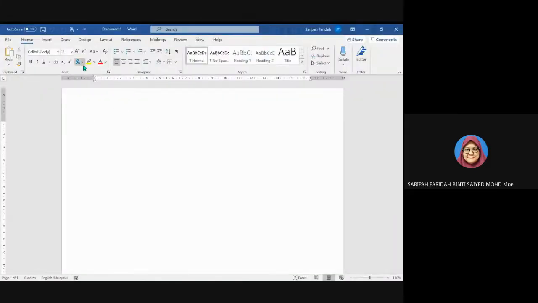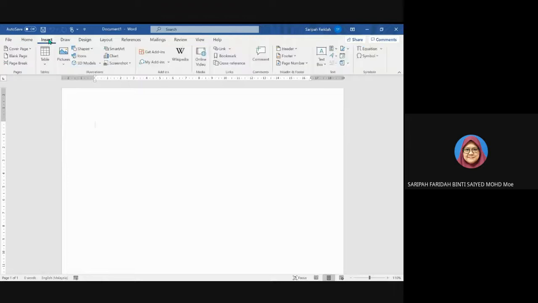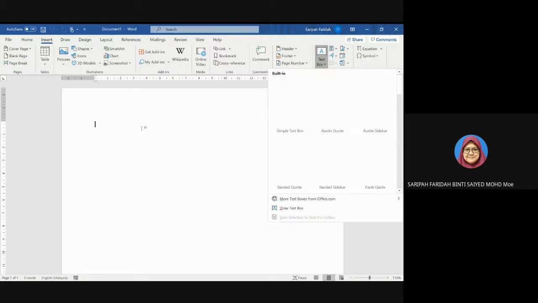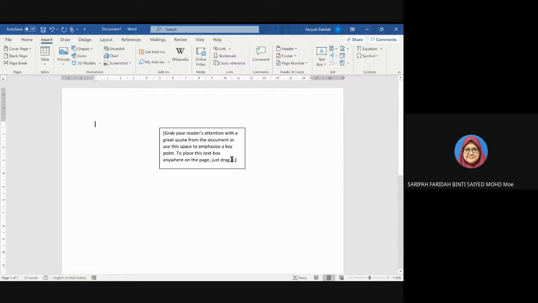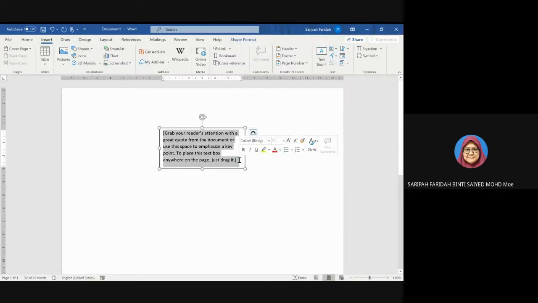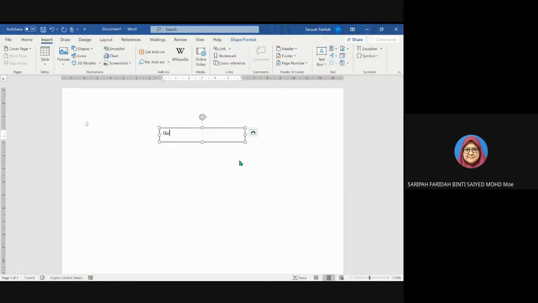Don't forget, in the paper, the answer sheet provided for you is going to be a box. Question number 3. Okay.